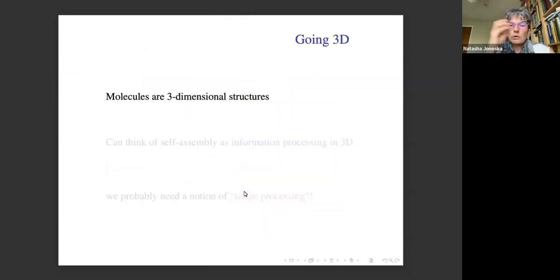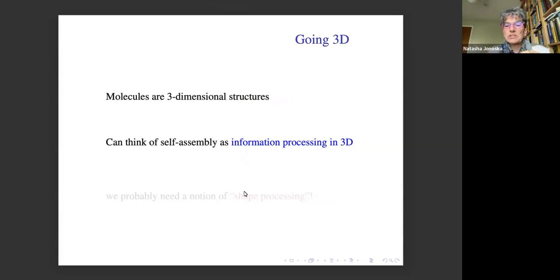So I'm going to focus on 3D structures now and think about the molecules as three-dimensional structures. I can think of self-assembly as information processing in 3D. Everything is happening in 3D.